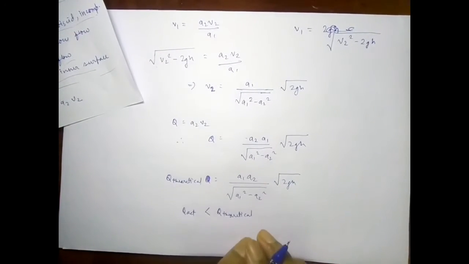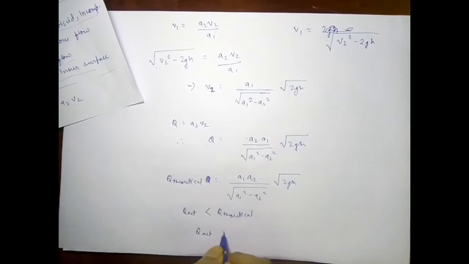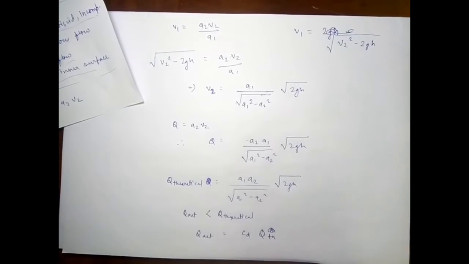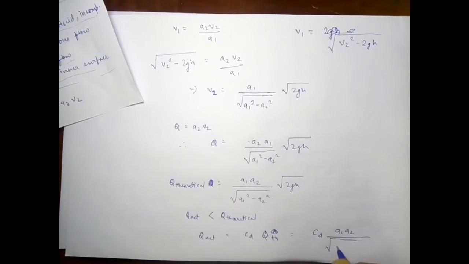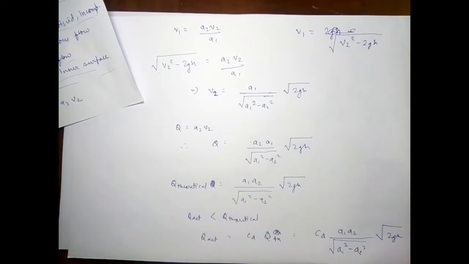in real life. So I will introduce a term CD. Q actual is equal to CD times Q theoretical, that is equal to CD times A1 A2 upon square root of A1 square minus A2 square times root 2GH.